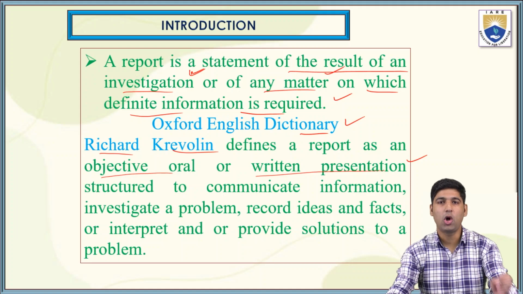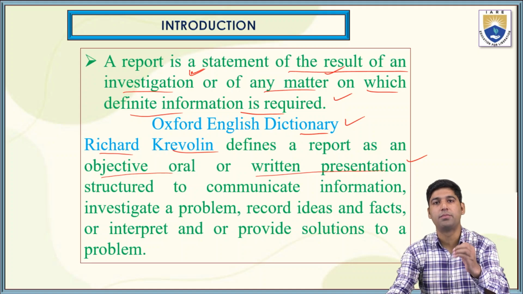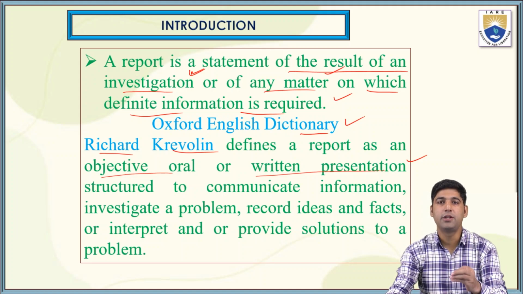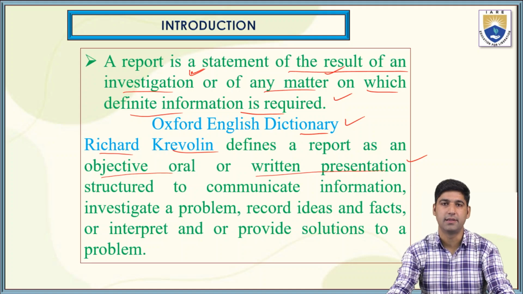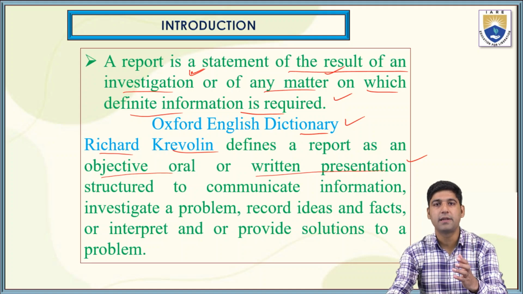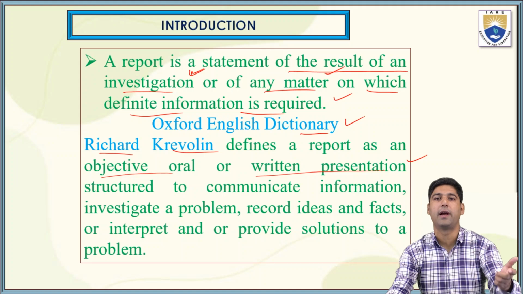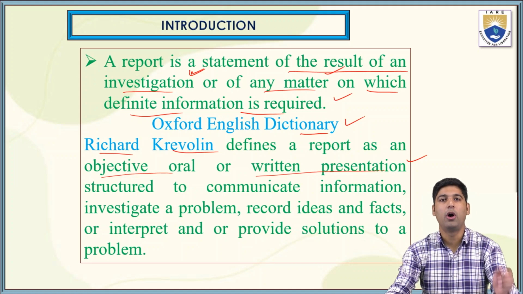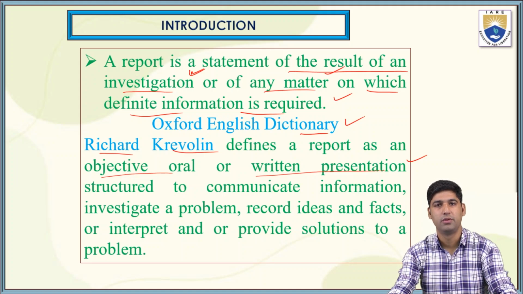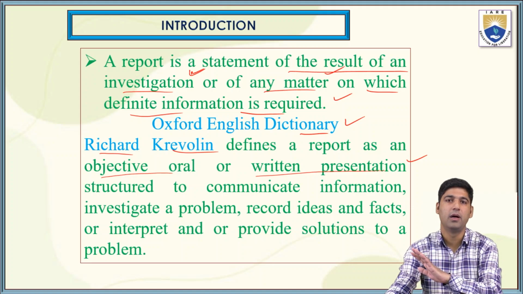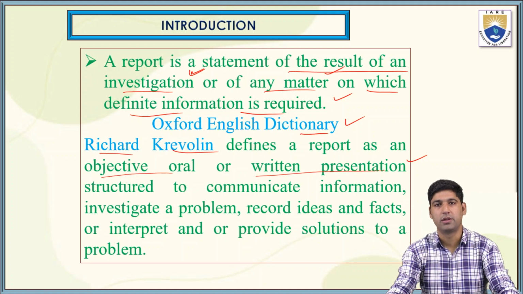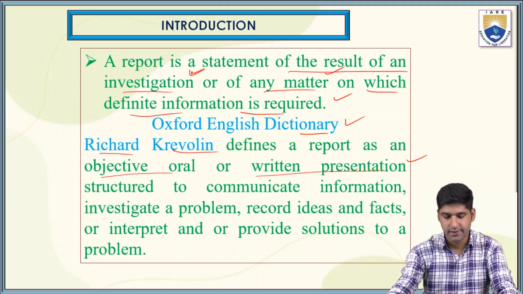Rather, it should be the objective representation of the facts, of the evidence, or of the subject on which we are writing a report. So no involvement of the author, no personal episodes, no personal details.